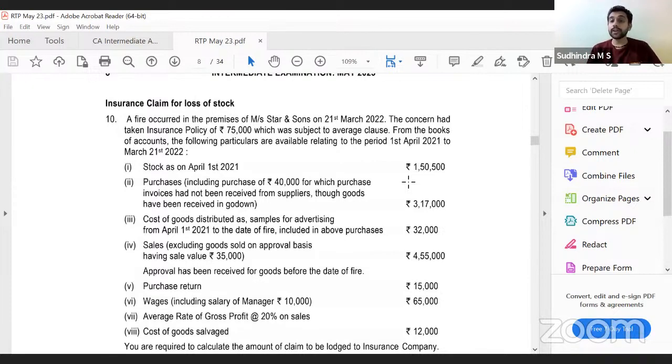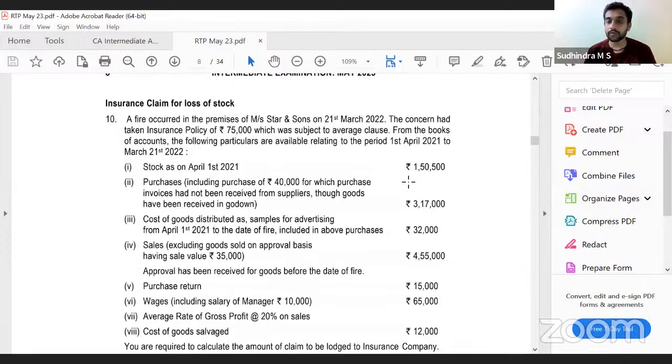Cost of goods distributed as samples for advertisement from 1st April 21 to the date of fire is included in the above purchases. Sales, excluding goods sold on approval basis having sale value 35,000. Approval has been received for goods before the date of fire. Purchase return, wages, including salary of manager rupees 10,000. Average rate of gross profit at 20% on sale. Cost of goods salvaged. You are required to calculate the amount of claim to be lodged with the insurance company.